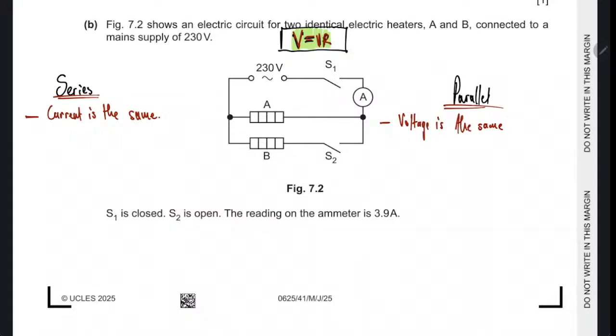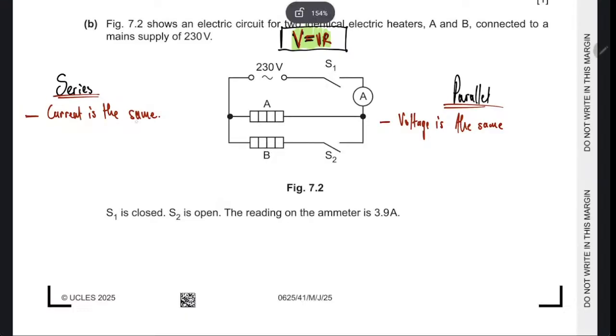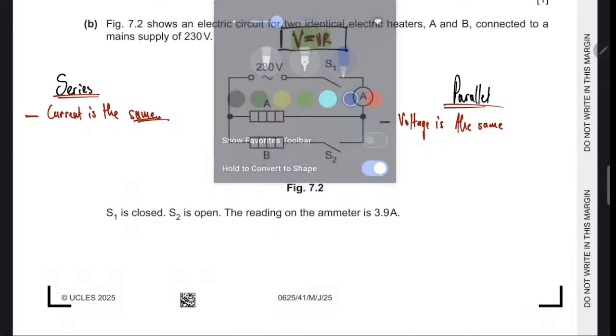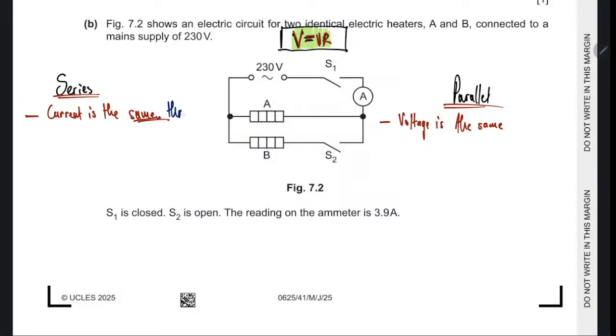We mean that every resistor in that circuit has the same voltage as the source. For current, we mean all the resistors have the same current as the source. So current is the same throughout the whole circuit. So it means from the source to all the resistors, we don't want to see any current changing value. It's the same as the source.